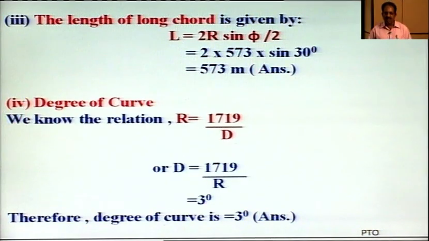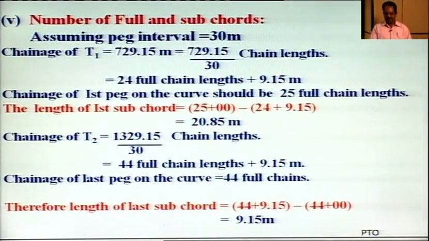For calculating the degree of the curve, we have just found the relation between radius and degree of curve as R is equal to 1719 divided by D. We know R as 573 meters, so D comes out to be 1719 divided by 573, which is 3 degrees. So, the degree of the curve will be 3 degrees.